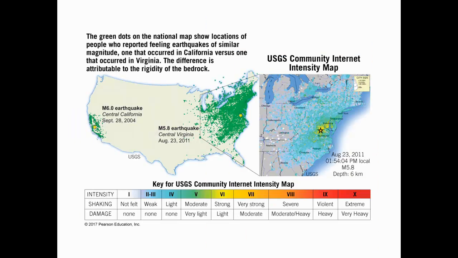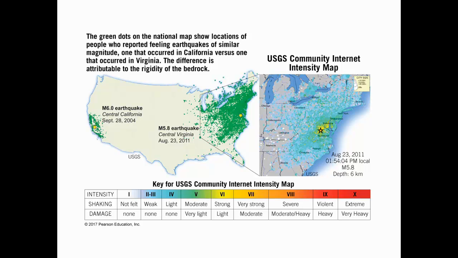What about that? Here's an interesting situation. The green dots on this national map show the locations of people who reported feeling earthquakes of similar magnitude. One earthquake located in central California and the other occurring in central Virginia.